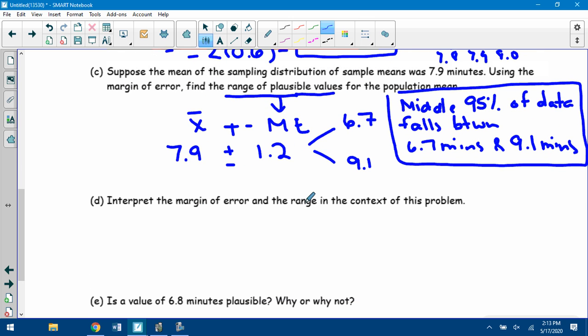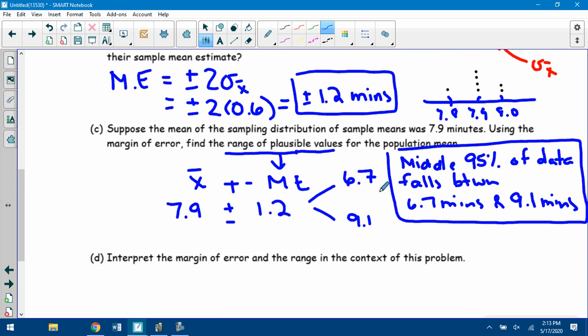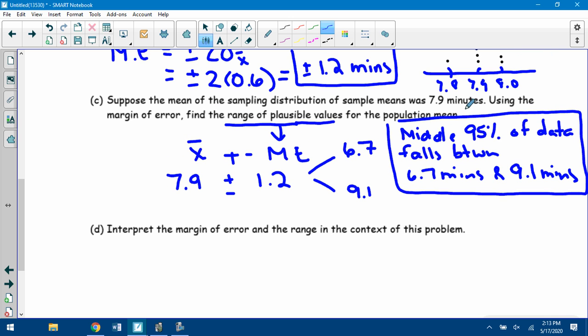So what does that mean? Interpret it in the terms of this problem. So we did this sampling distribution to figure out what the true average time for all 11th graders at this high school was. And even though the sampling distribution told us that was 7.9, that's within a margin of error.